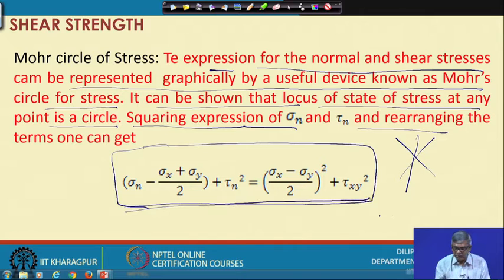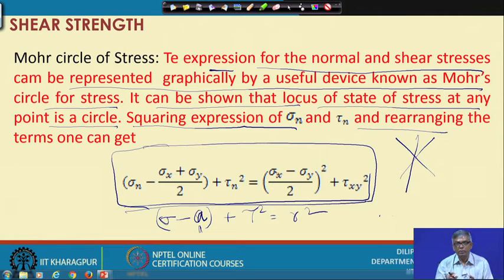And this expression, if you look properly, you can see it will be sigma minus, suppose, a0, whole squared, plus tau squared equal to, suppose, r squared. So, this is the equation of a circle, and this a0 is the center of the circle, and this under root will be the radius of the circle.